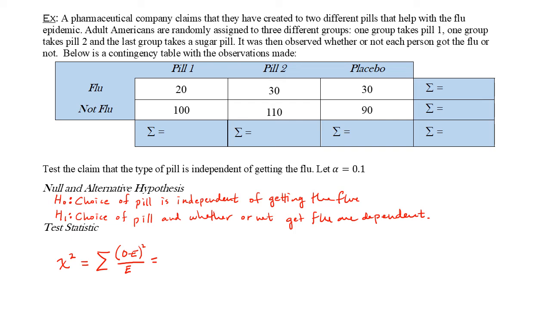So let's go through each of those values. Here the observed value was 20 for pill 1, minus 25.26, the expected value.